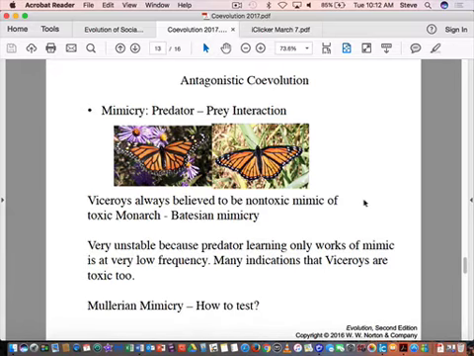So the monarch was always believed to be the toxic one, it was called the model, and then the viceroy was the mimic that is taking advantage of the situation. Okay. So let's think about this. Imagine you went into a population and you found both of these species present.